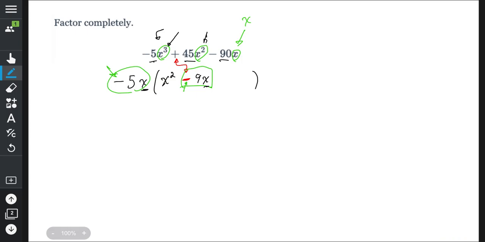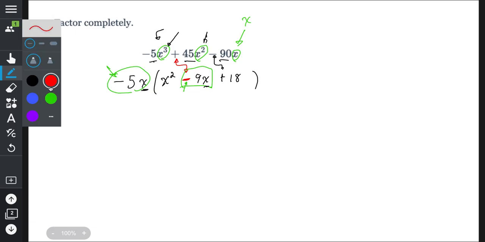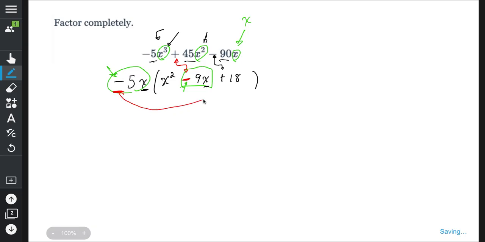Lastly, we're going to have 18. 90 divided by 5 is 18. And we're going to change that sign from negative to positive, because when we factor out a negative number, negative times a positive makes the negative.